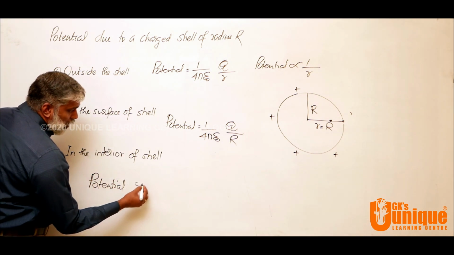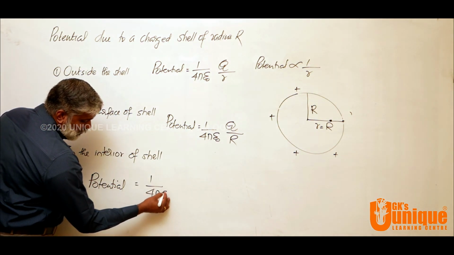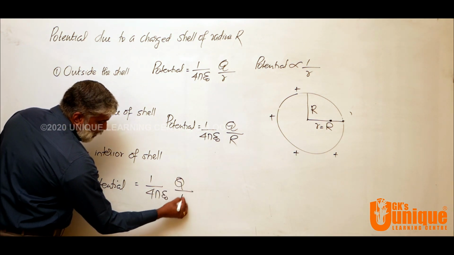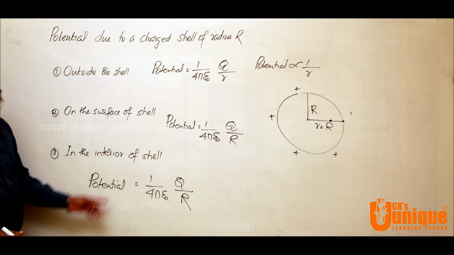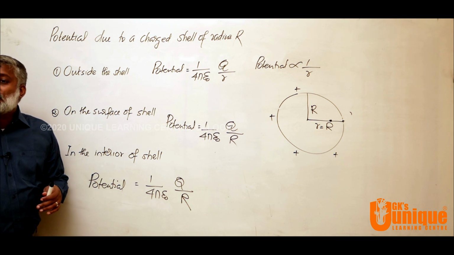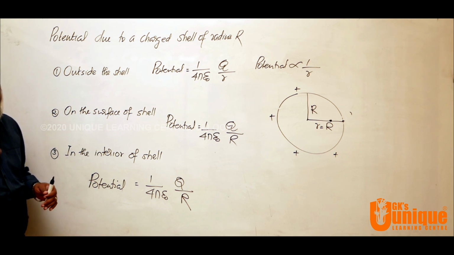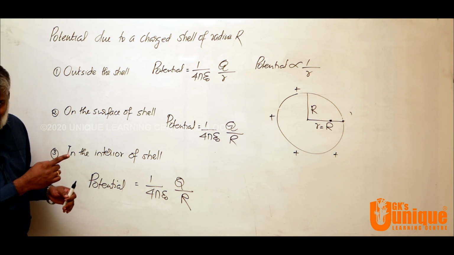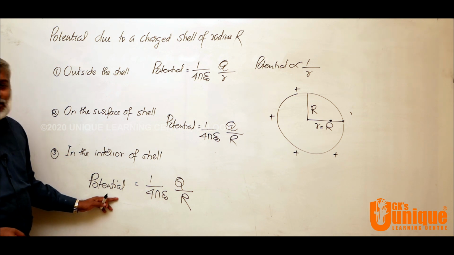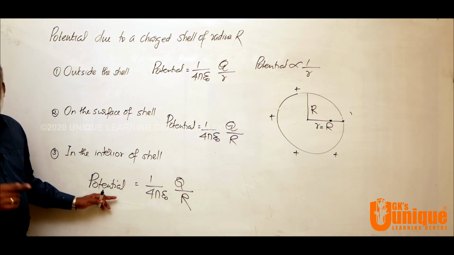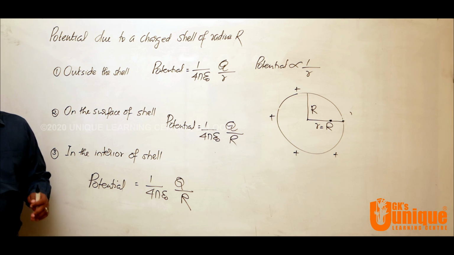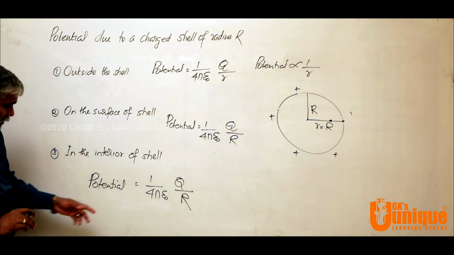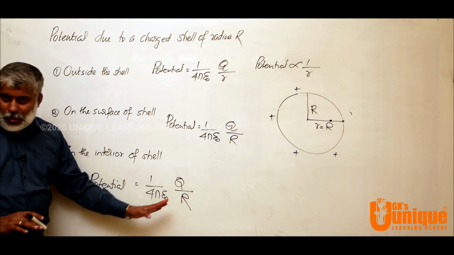So, what is the potential? 1 by 4 pi epsilon 0 Q by capital R. So, what is the potential outside? 1 by 4 pi epsilon 0 Q by small r. What is the potential on the surface? 1 by 4 pi epsilon 0 Q by capital R. And at any point in the interior, the same value: 1 by 4 pi epsilon 0 Q by capital R.